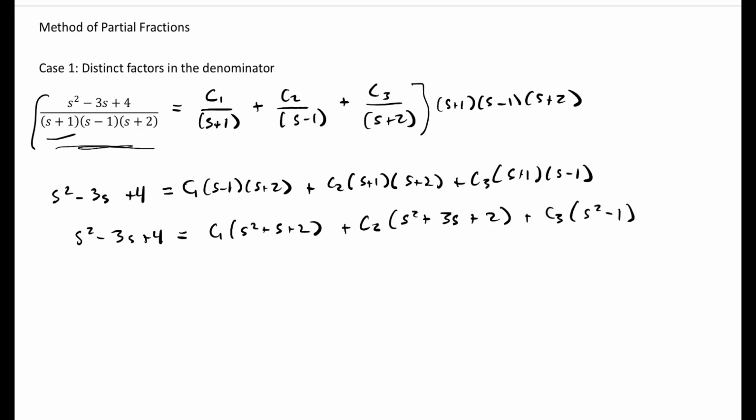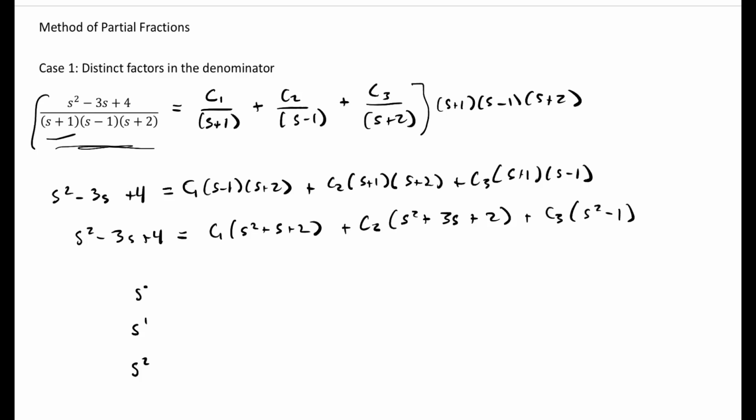Okay, so now you can use a method really similar to the method of undetermined coefficients. We have different powers of S that appear here, and so we can come up with 3 different equations from this based on the power S to the 0, S to the 1, S to the 2. 3 different equations that we can use to solve for these coefficients.